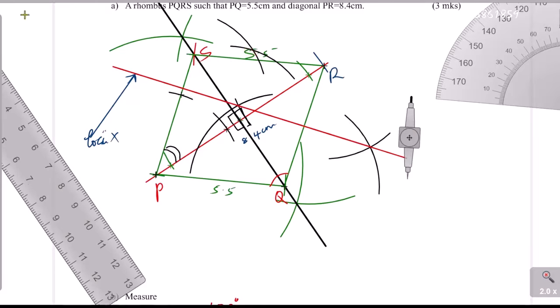So now join from that point to the point of intersection of the arc. So that is what you're supposed to do. And this is the loci of Z.